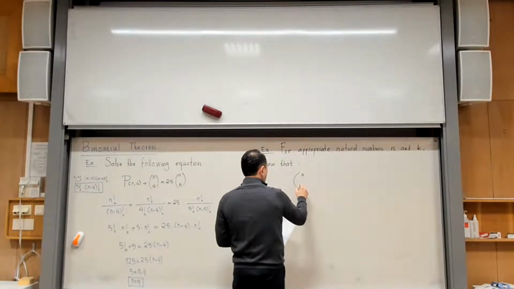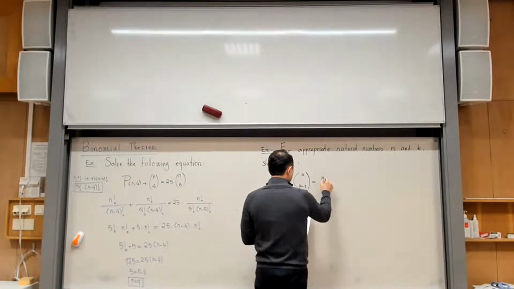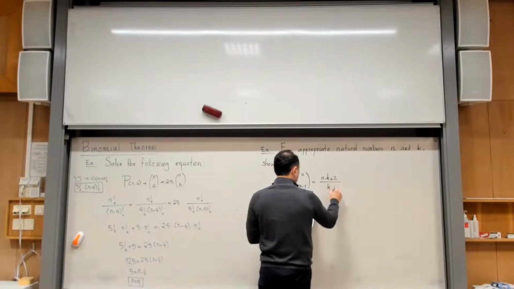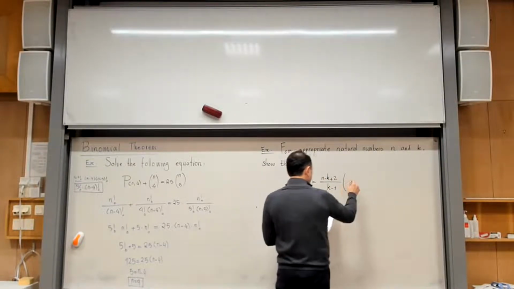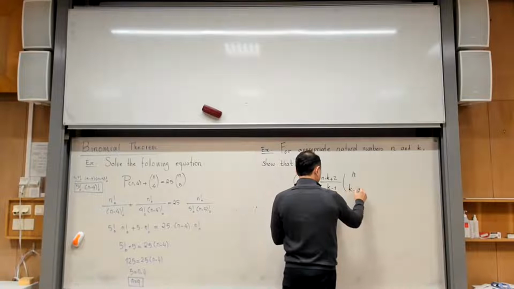N choose k minus 1 is equal to n minus k plus 2 divided by k minus 1 multiplied by n choose k minus 2.